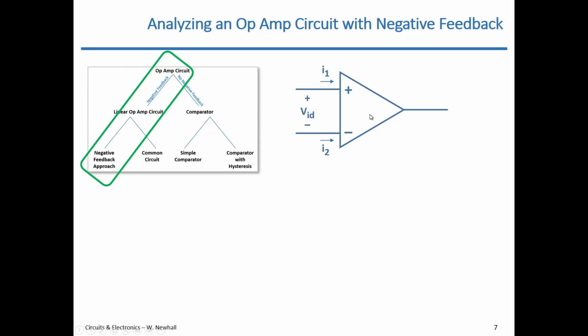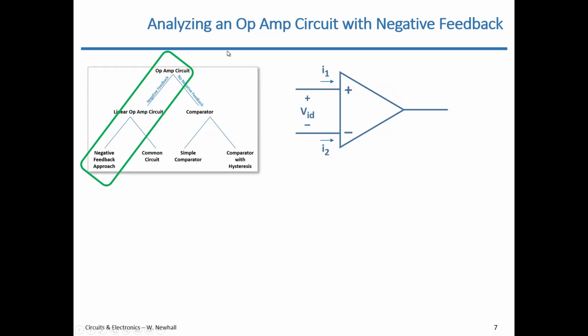Oftentimes in a textbook problem, we don't show the power supply connections when you have a linear circuit because you just assume that the op-amp is sufficiently powered. Unless the power supply values matter, oftentimes we leave those off. We just say, this op-amp is powered, don't worry about it. It's powered with high enough voltages, we'll talk about that.